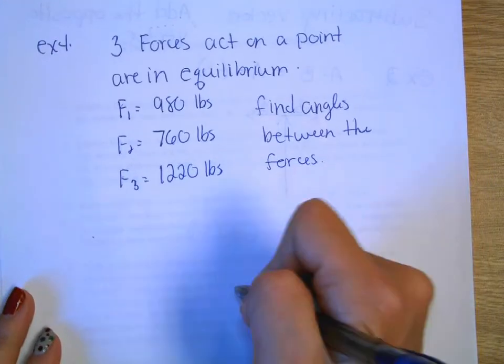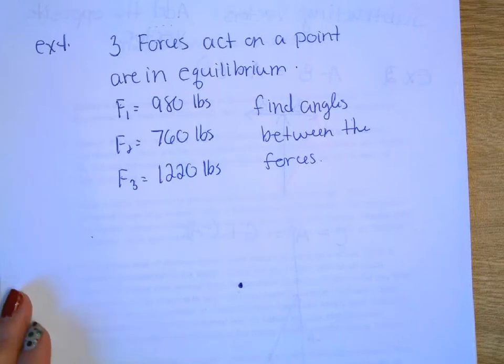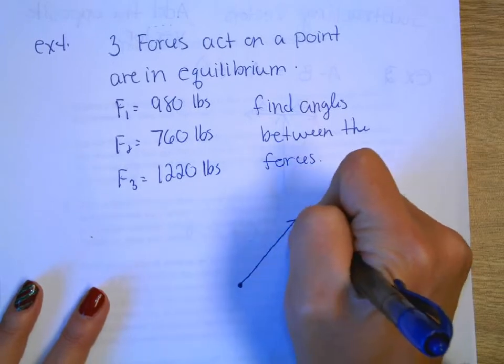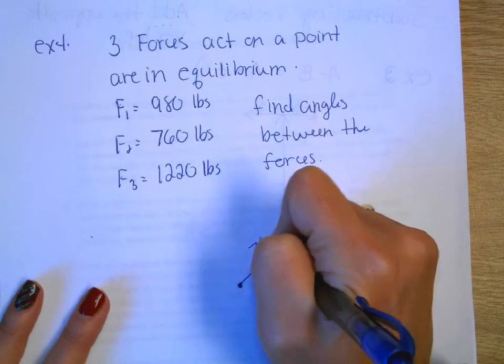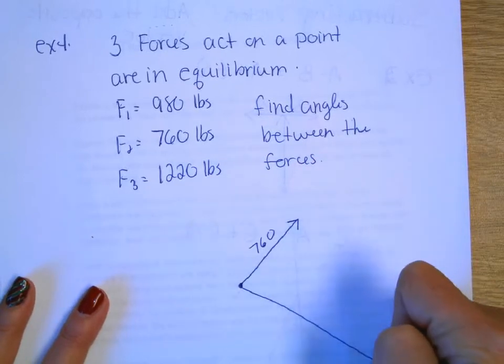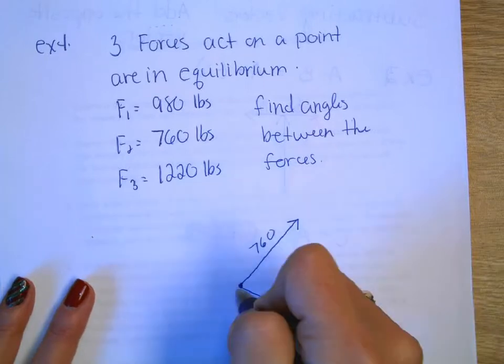So, in the middle of your paper, come down a little bit. We've got 3 forces pulling. I don't know the angles between them. That's my goal. Got a 760. I got a 980. And I got a 1220.